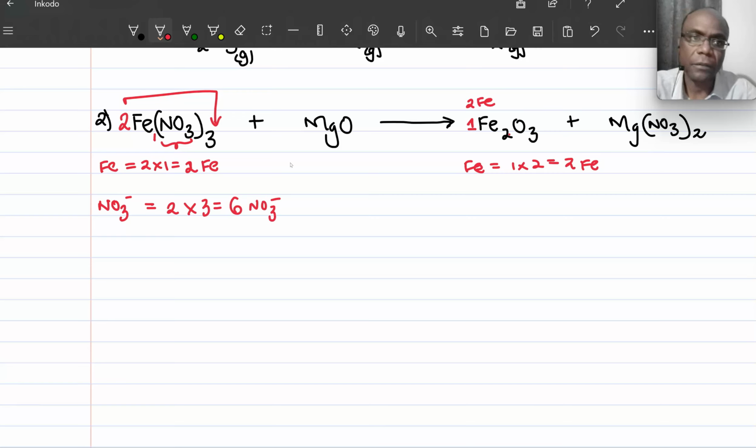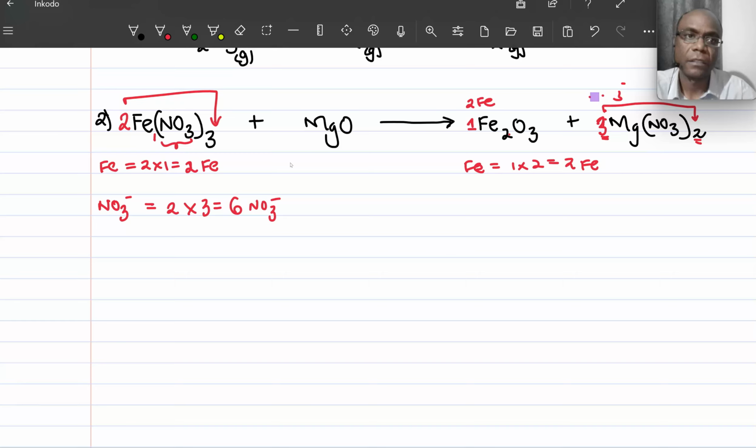Okay, now here there's 1. If I multiply that by the 2, currently I have 2 nitrates. How do I make the 2 nitrates to be 6? To do so, I'm going to put a 3 here, so that now I have 3 here times 2.